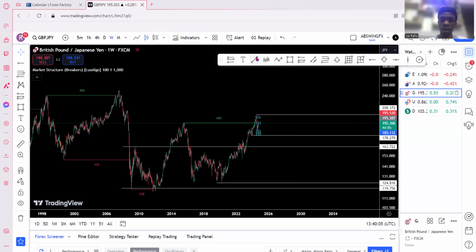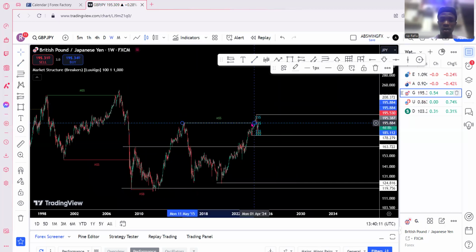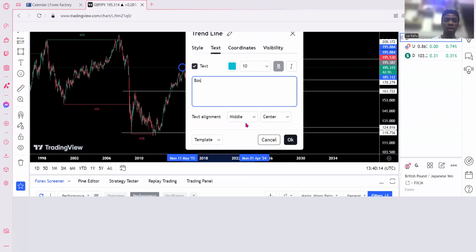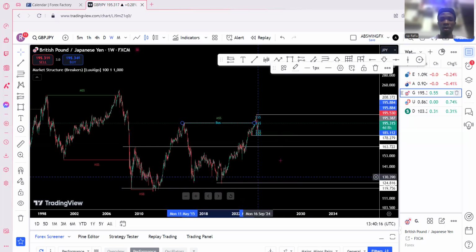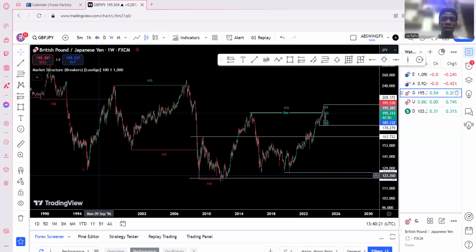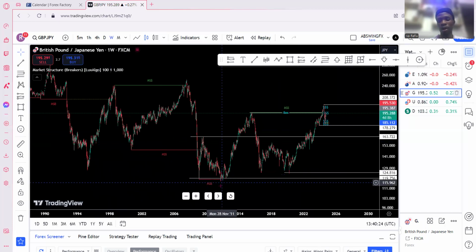I have my BOS here, which I will let be around this place. My BOS. And we have a market structure shift here, right away from where we have stood this low. We have another low here, which is a failed one.